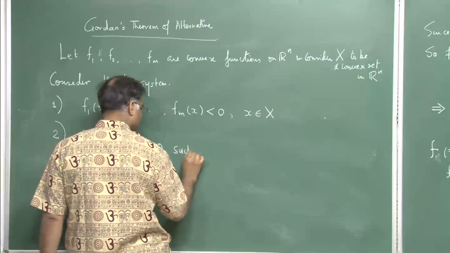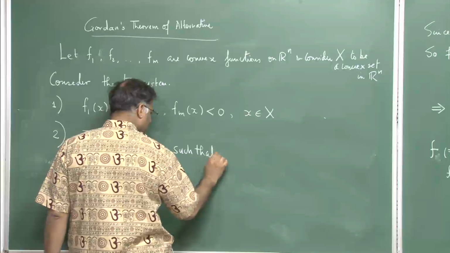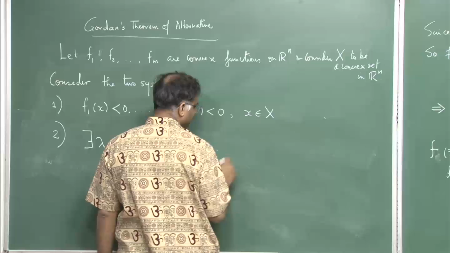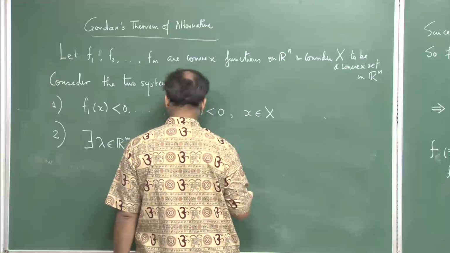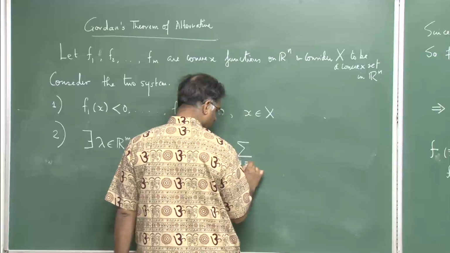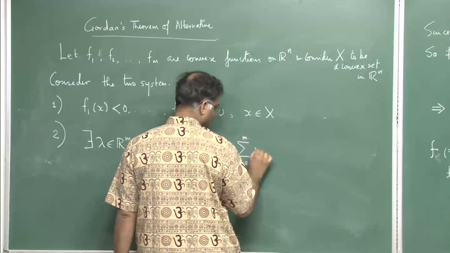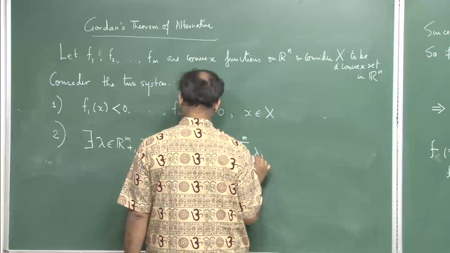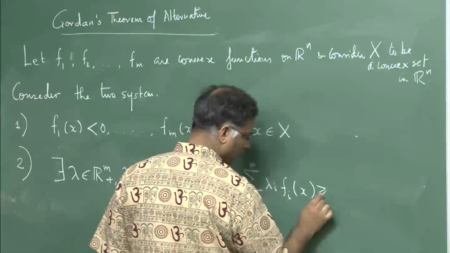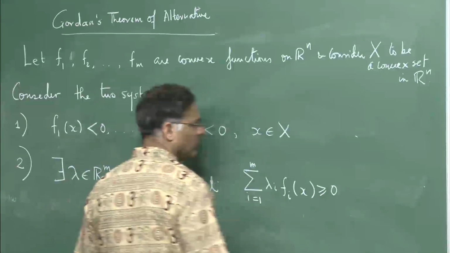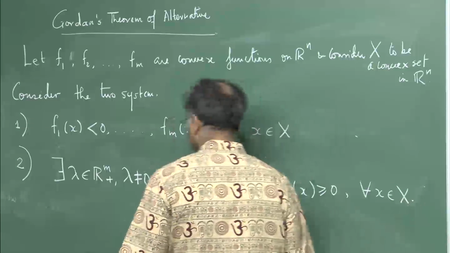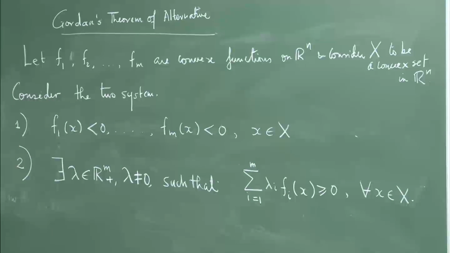such that this quantity is greater than or equal to 0 for all x in capital X. This is Gordon's theorem of the alternative.